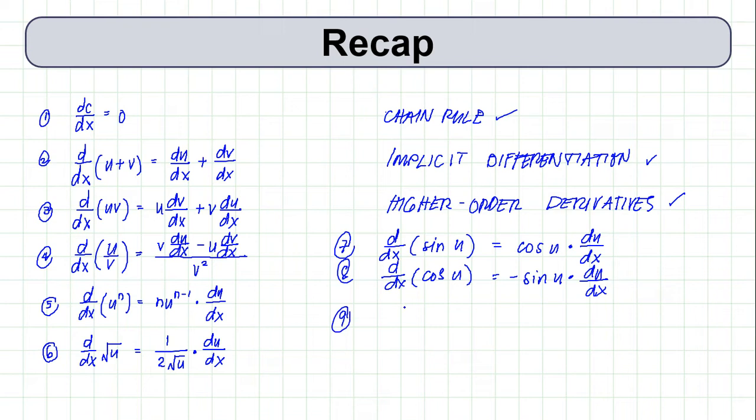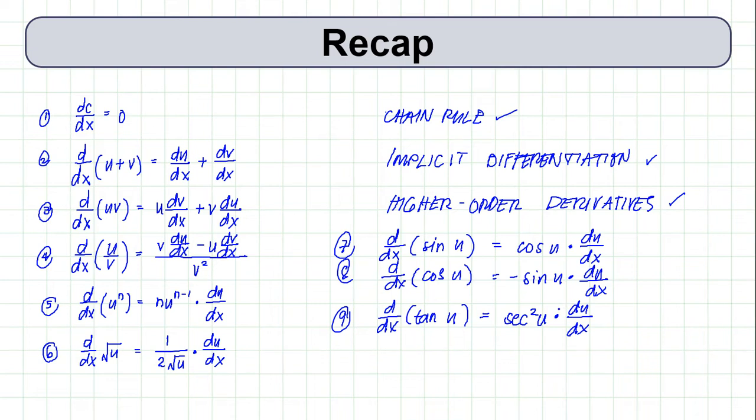We also have tangent. The derivative with respect to x of the tangent of a function equals secant squared u times the derivative with respect to x.